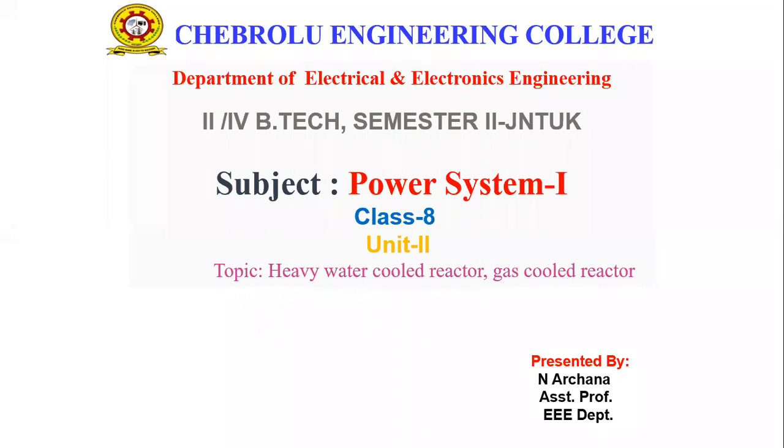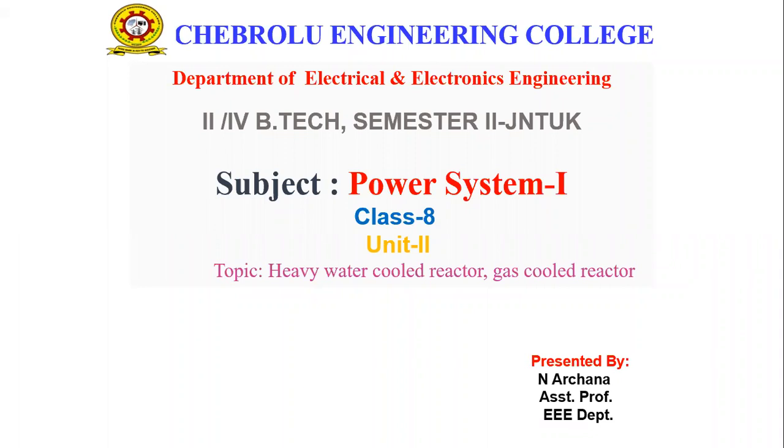In the previous class we already discussed the boiling water reactor, the pressurized water reactor, the fast breeder reactor, and also the liquid metal cooled reactors and heavy water cooled reactors. These are the six types of reactors in a nuclear power plant.